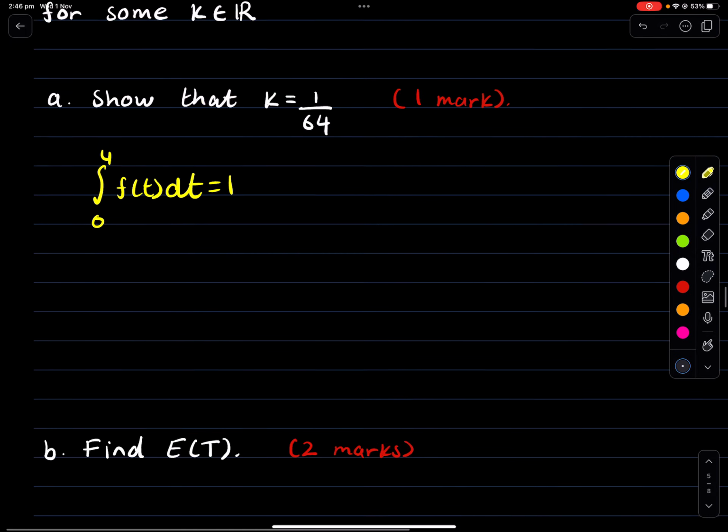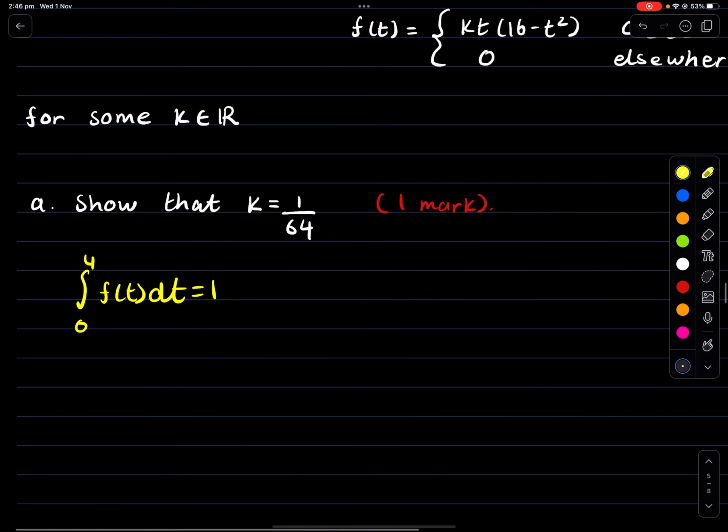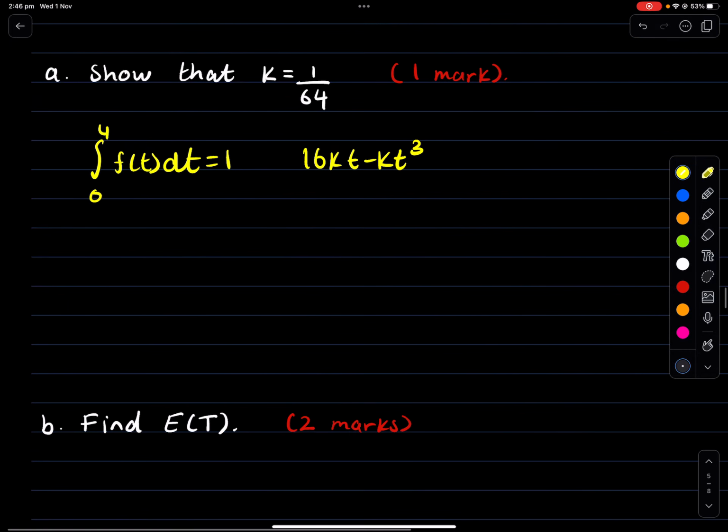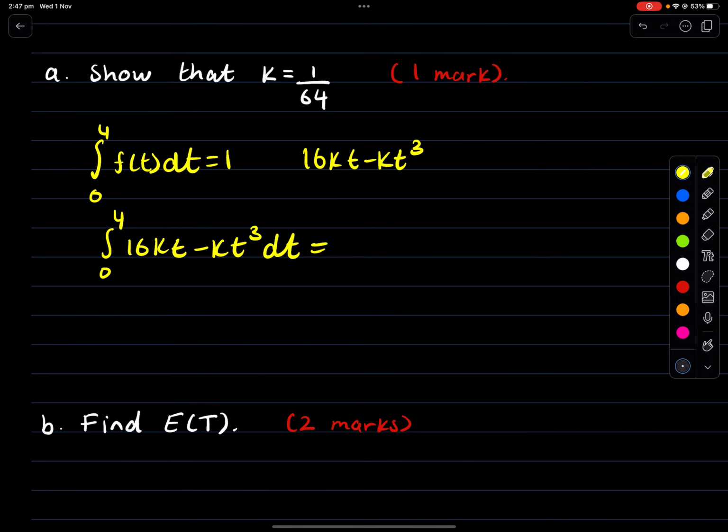So f of t is this, kt, and I'm going to expand it to make my life easier: 16kt minus kt cubed, dt, should equal 1.